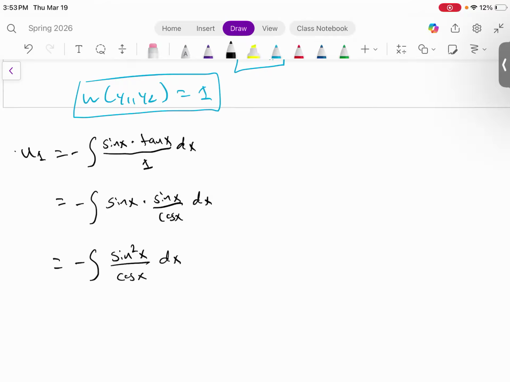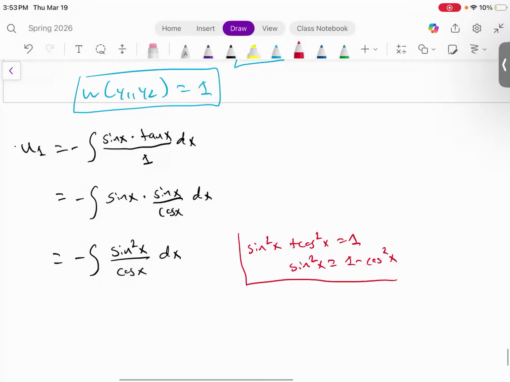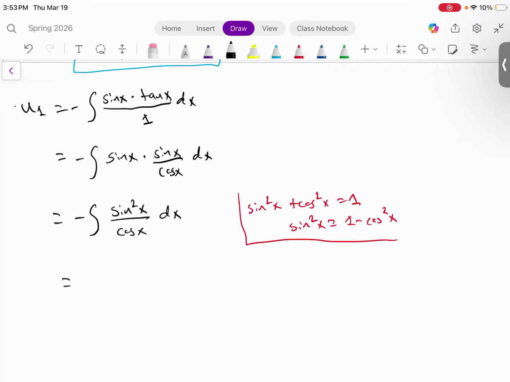Well, we can use the identity that sine squared x plus cosine squared x equals 1 that we just used and just isolate sine squared x. So we can substitute in 1 minus cosine squared x. So this would be negative integral 1 minus cosine squared x all over cosine x.